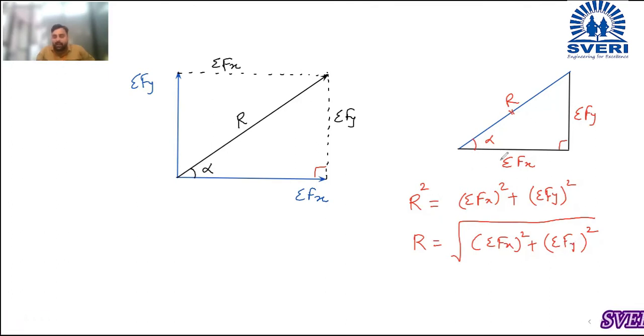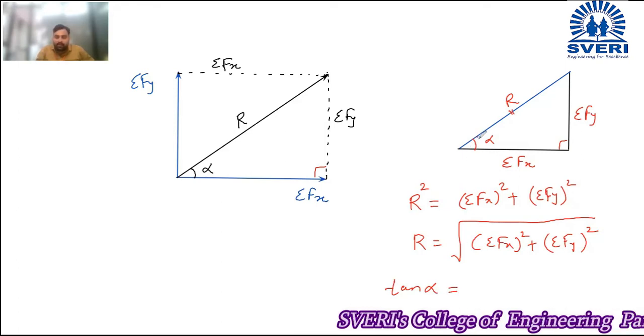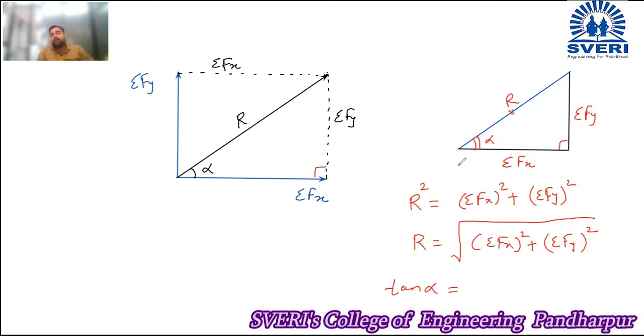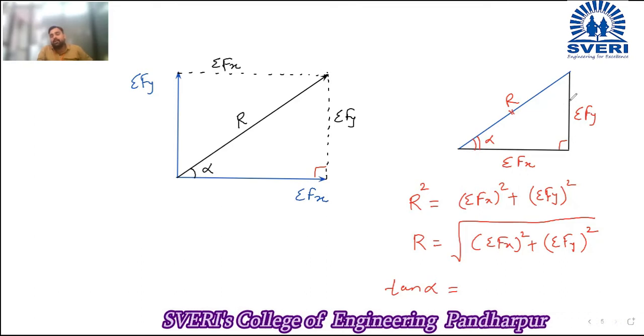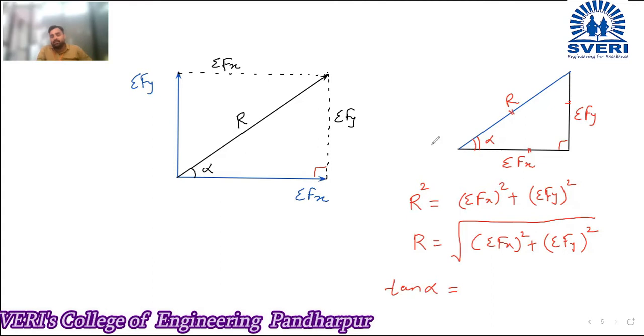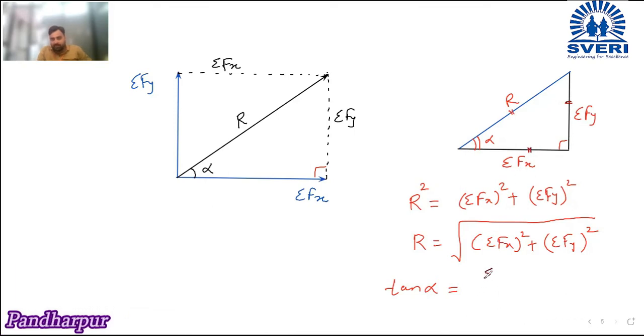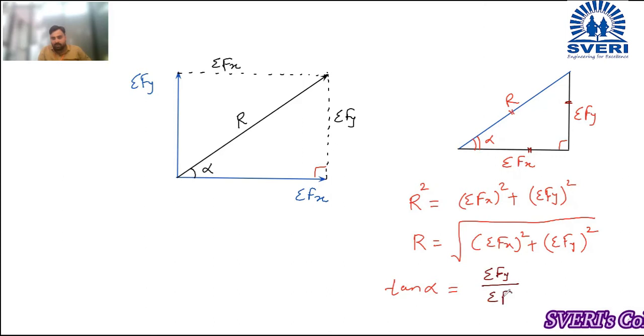Now in the same triangle, if I use tan of alpha, where alpha is the angle here, tan is opposite side, that is fy, divided by adjacent side, that is fx. So it is summation fy divided by summation fx.